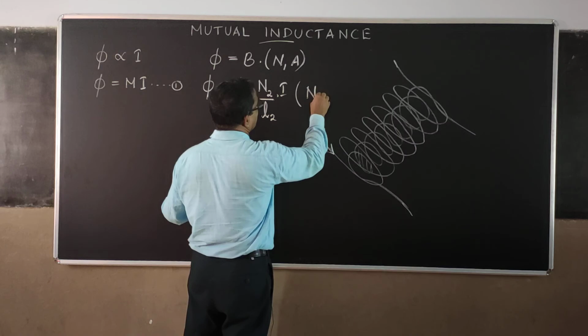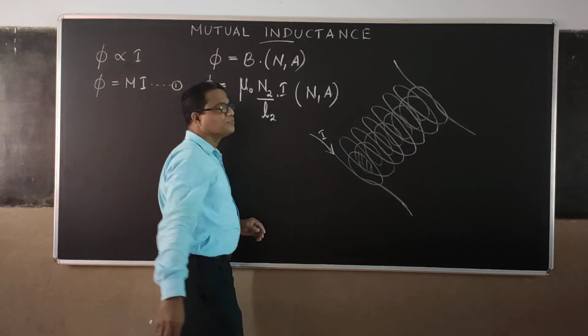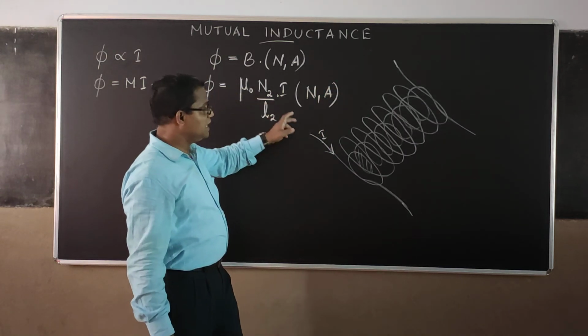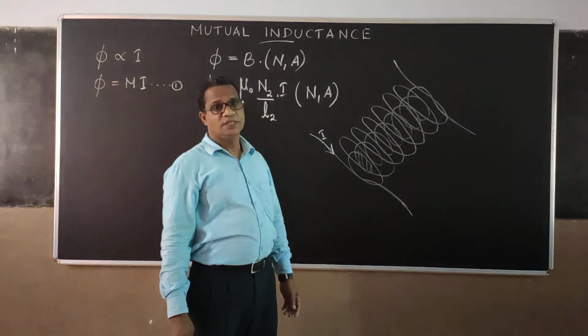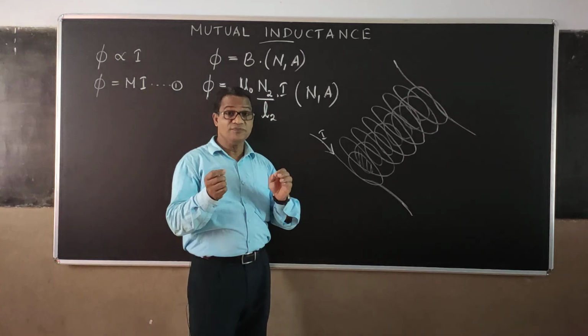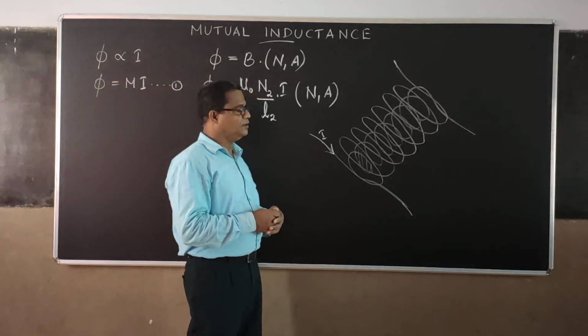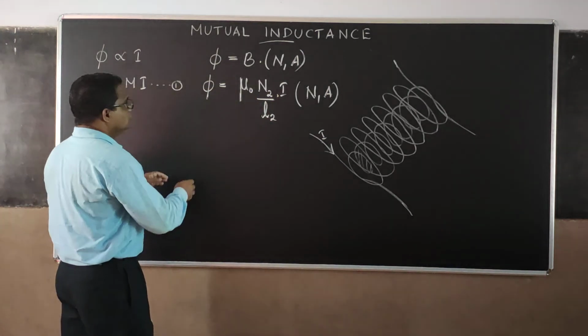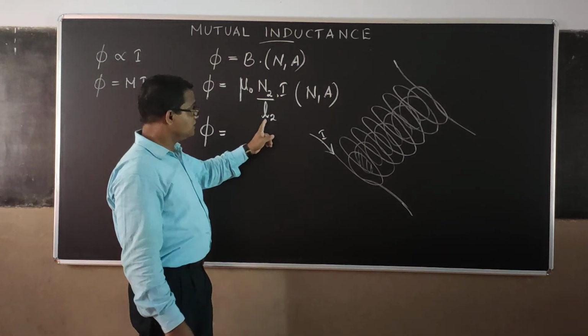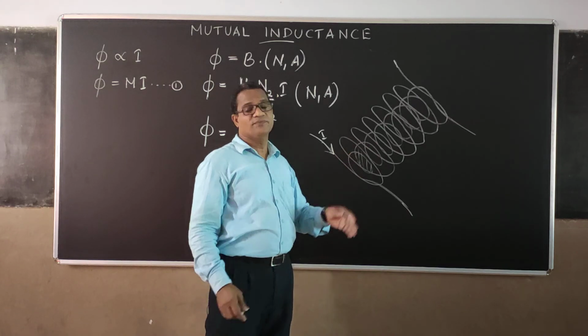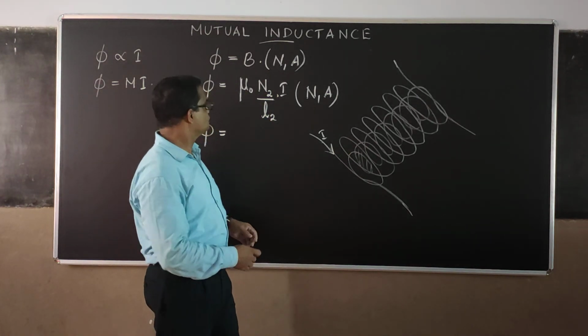Then into N1 into A, where N2 is the number of turns of the outer coil. So here what is L2? L2 is the length of the outer coil.